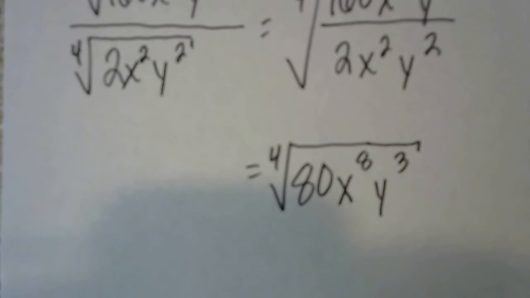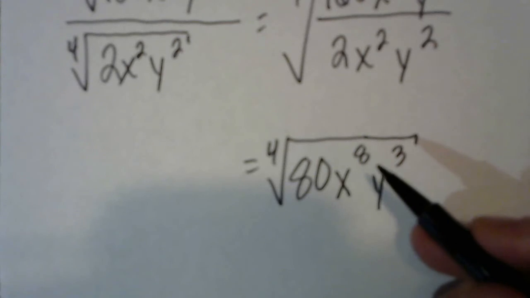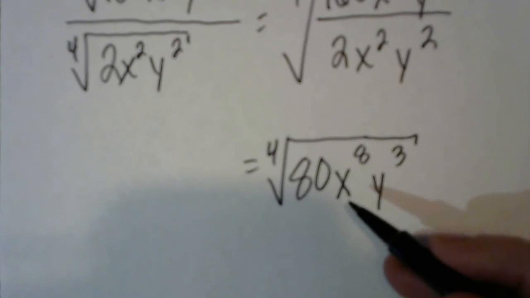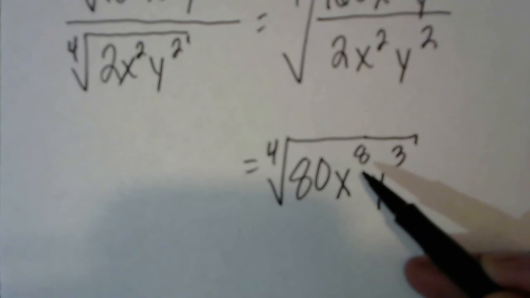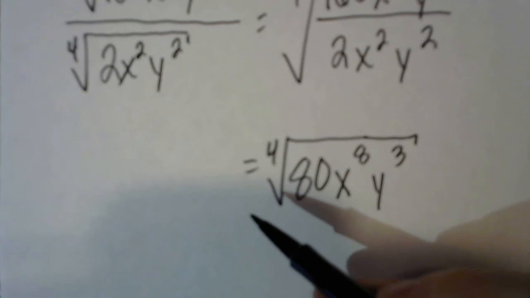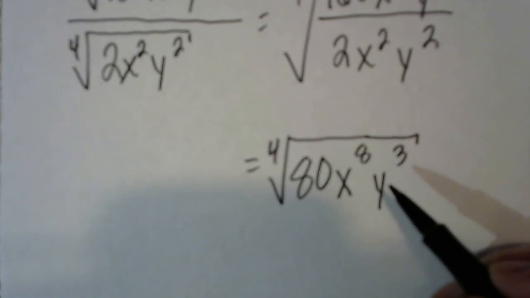So this goes back to 10.1. In 10.1 we learned how to do this. We've got to have groups of 4 when I do my factor tree here, and I've got to have groups of 4 with these variables. So I know I've got 2 groups of 4 in my x's. So those are going to be able to come out. I don't even have a group of 4 with my y, so that's going to have to stay in.